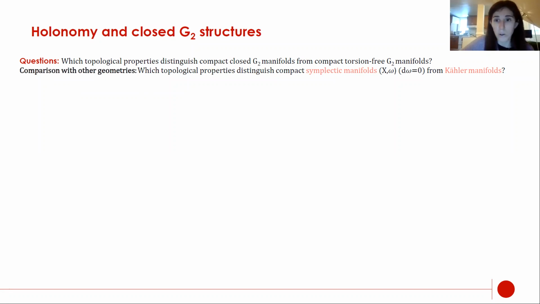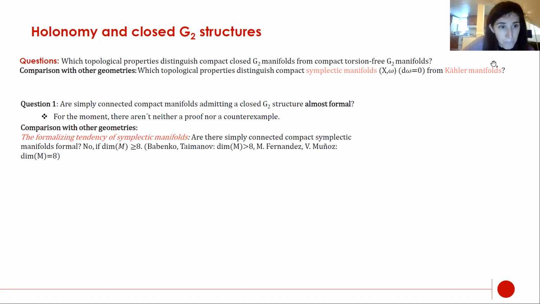And if we go into Kähler geometry, it would be restated as which topological properties distinguish symplectic manifolds, because the two form is closed, from Kähler manifolds, because there the two form is parallel.